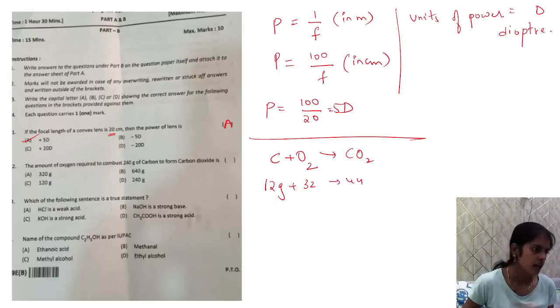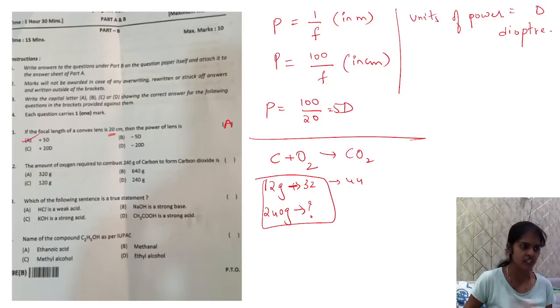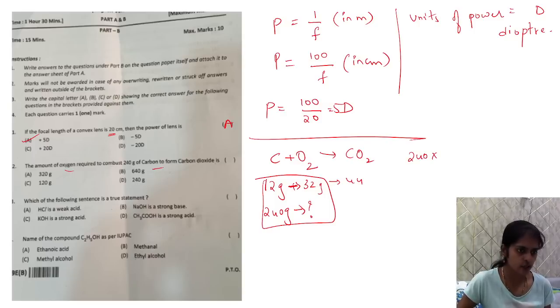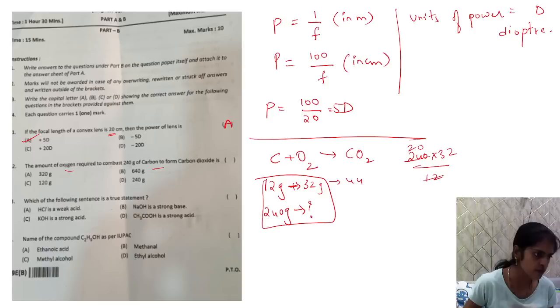Only the carbon and oxygen relation is given in the question. For 12 gram, I take 32 gram of oxygen. For 240 gram, cross multiply: 240 into 32 divided by 12, so 640 gram. Option B is correct.